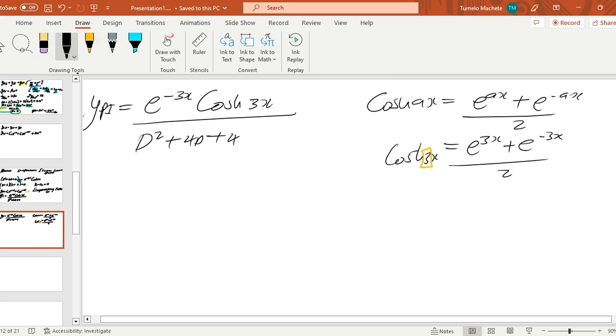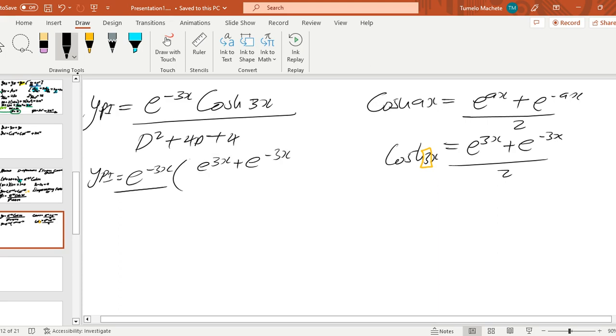Then since we are here, we're going to take this and put it back into the original equation. So your YPI will be equal to e to the minus 3x, open bracket, e to the 3x plus e to the minus 3x.